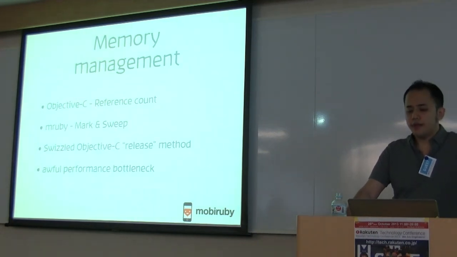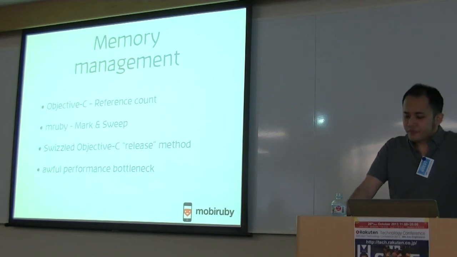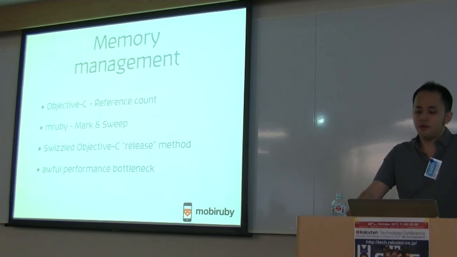It's an awful bottleneck for performance, probably 5 or 10 times slower than the regular release method. In fact, it affects all Cocoa libraries that are included and not related to Mobiruby objects.